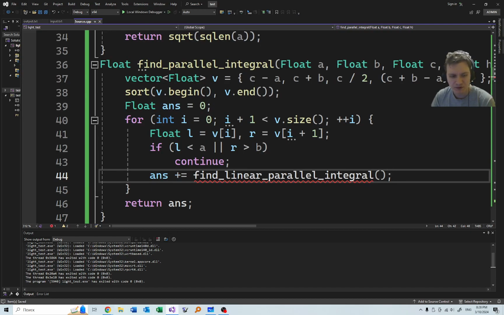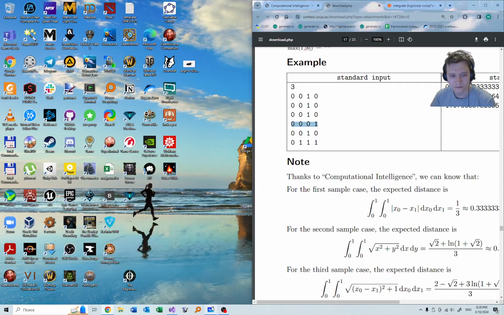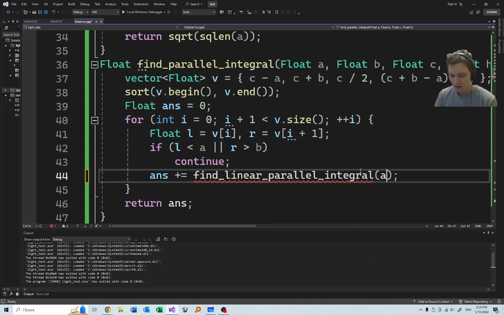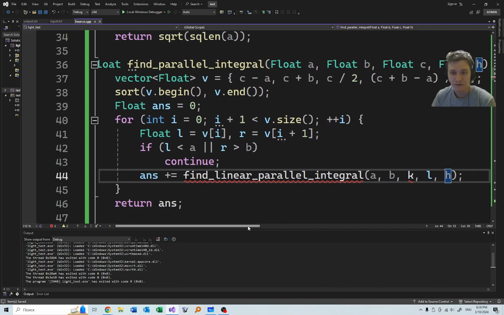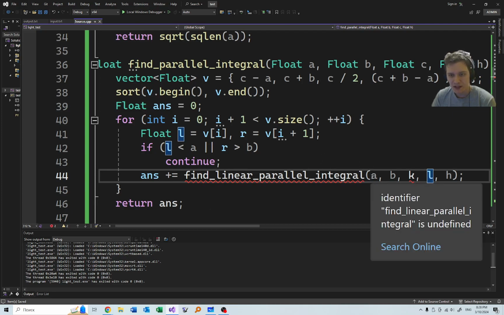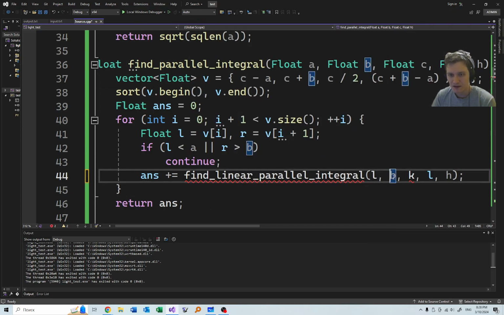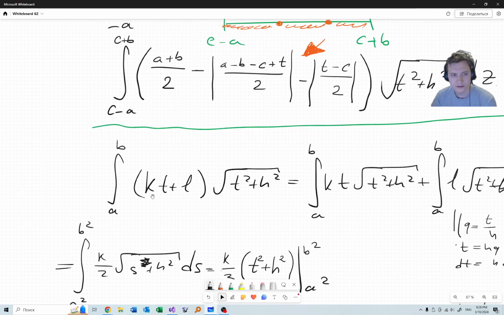So we need to put there a, b, k, l, h. Okay, h is same always. Now we need to calculate a, b, k, l. So from where to where? a and b is easier as l and r. Now k and l. We need to calculate linear term and free term.